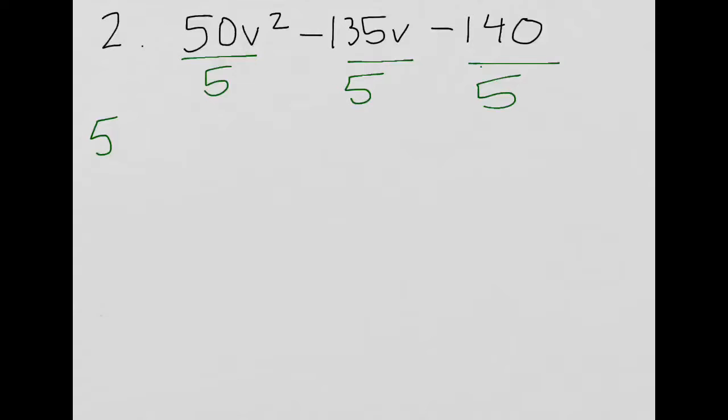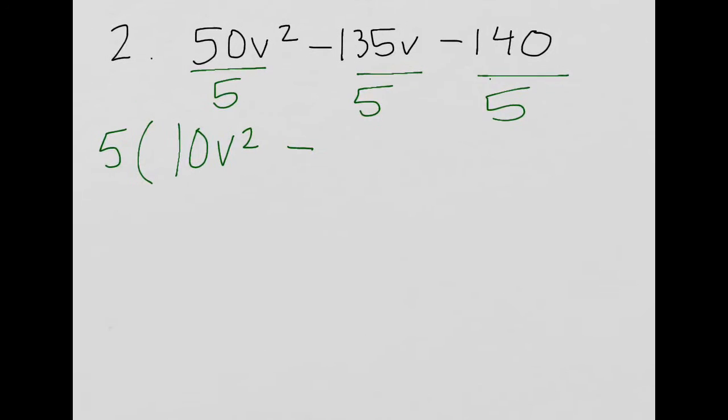So I'm going to take out a 5, so I'm left with 10v squared minus 27v minus 28. So my numbers are still big, but they're not nearly as big as they were.